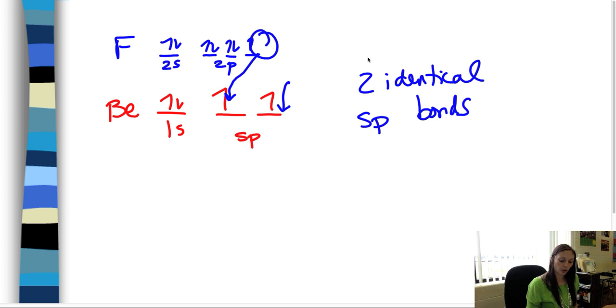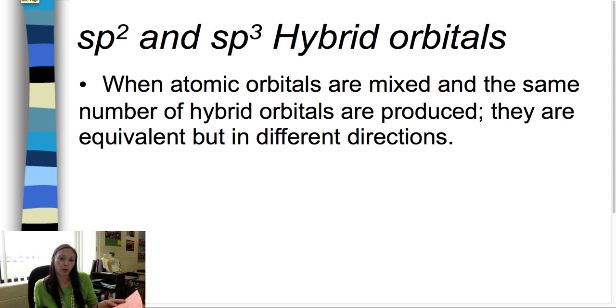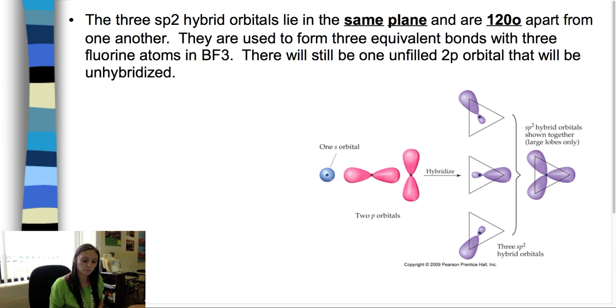Let's look at one a little bit harder, which is the sp2 and the sp3. When atomic orbitals are mixed in sp2 and sp3, they again produce the same number of orbitals as went into them. 3 sp2 hybrid orbitals lie in the same plane and are 120 degrees apart from one another.